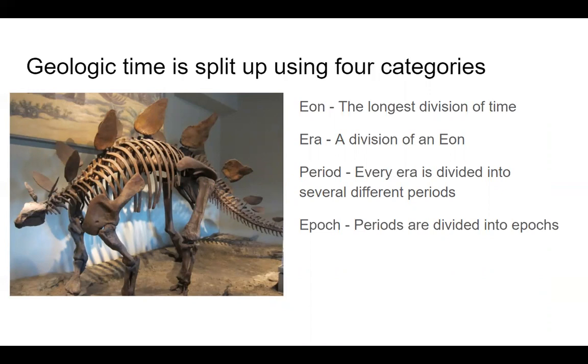The eon is the longest division of time when we're talking about the Earth's history, followed by an era, followed by a period, which is a subdivision of era, and an epoch, which is the most specific way of classification. So eon, era, period, and epoch.